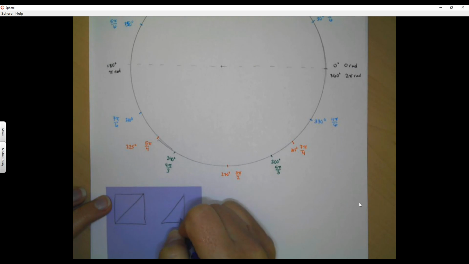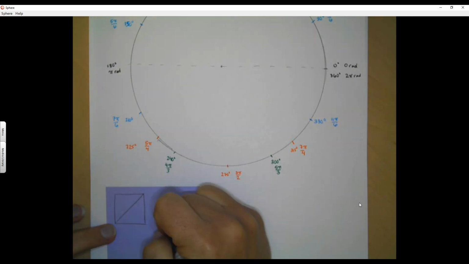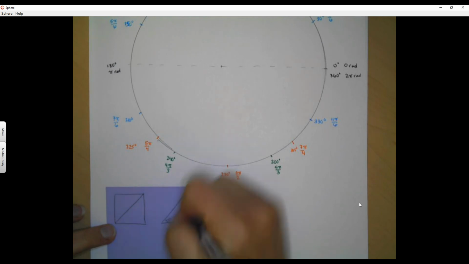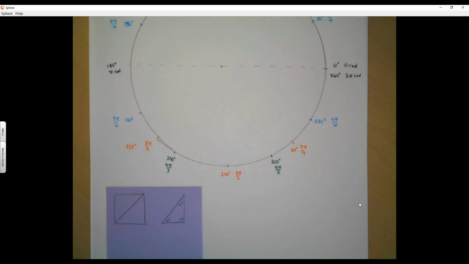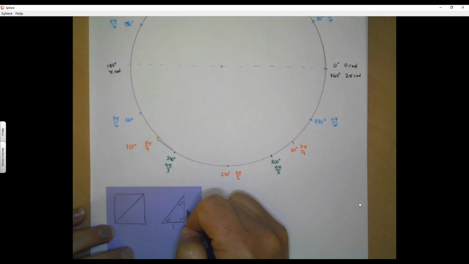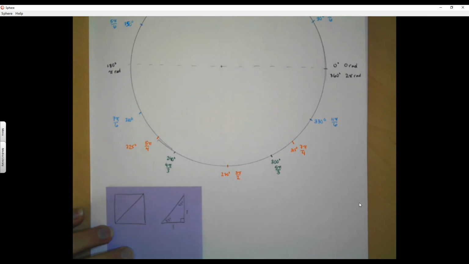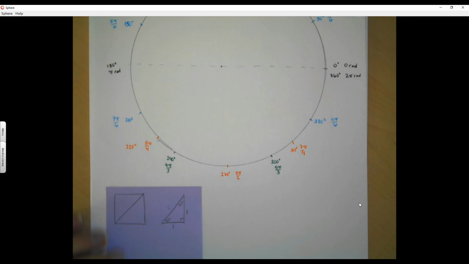Right? This would be 90 degrees, and since I cut this 90-degree angle in half, these ones would each be 45 degrees. Well, if each side of my square was 1, then we could find this side here using our Pythagorean theorem, side c.